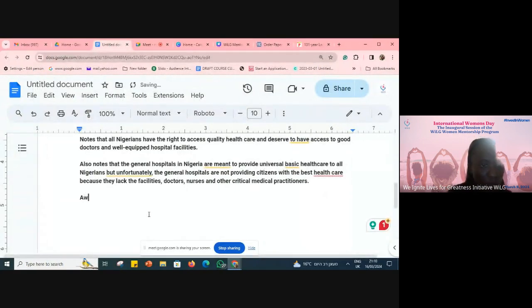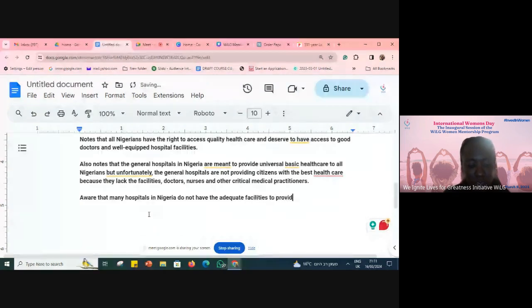So we can use aware that many hospitals in Nigeria do not have the adequate facilities to provide the best health care.